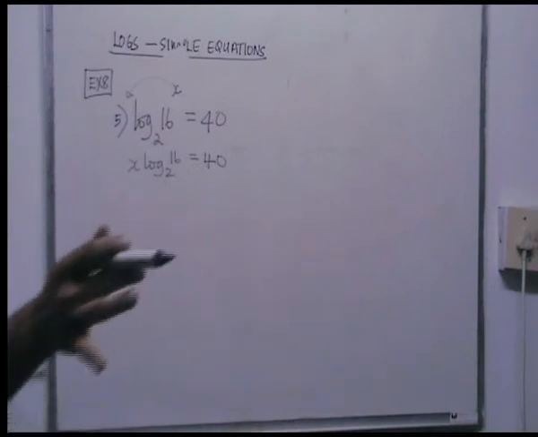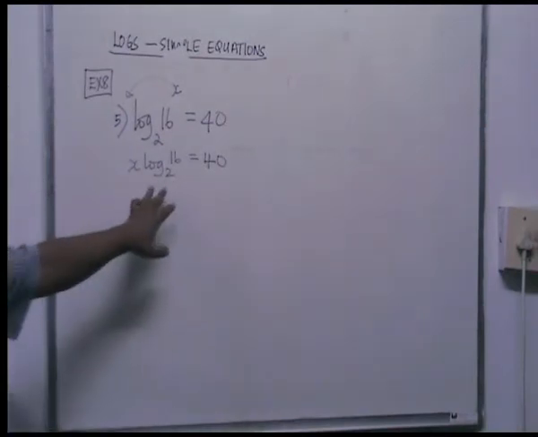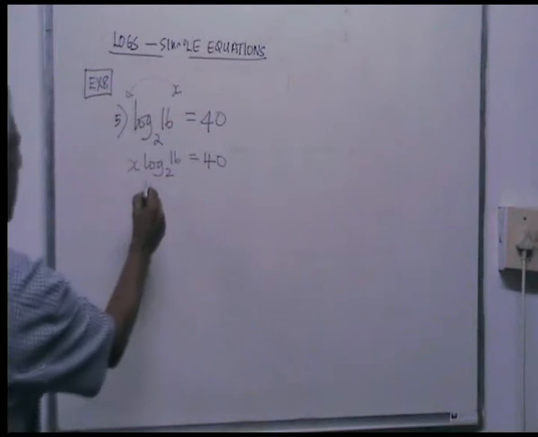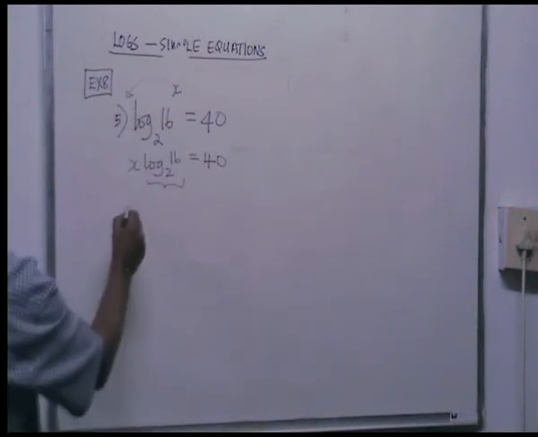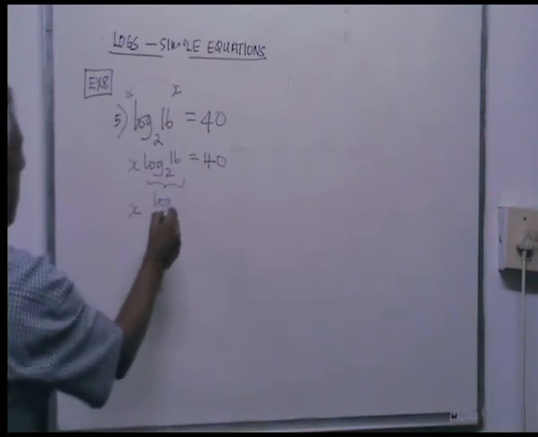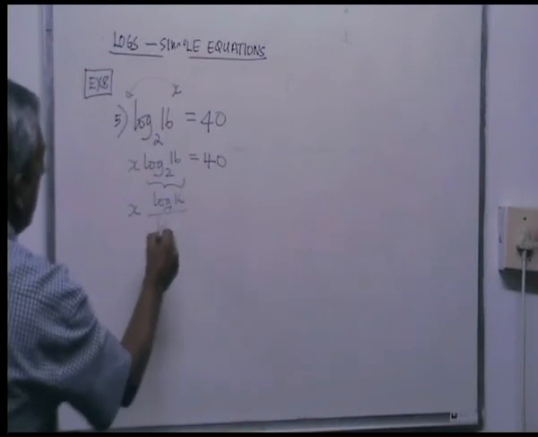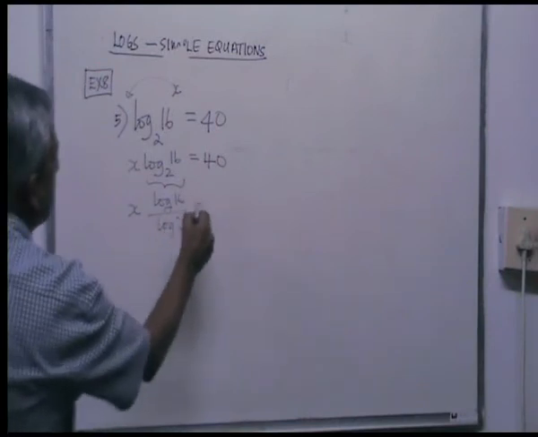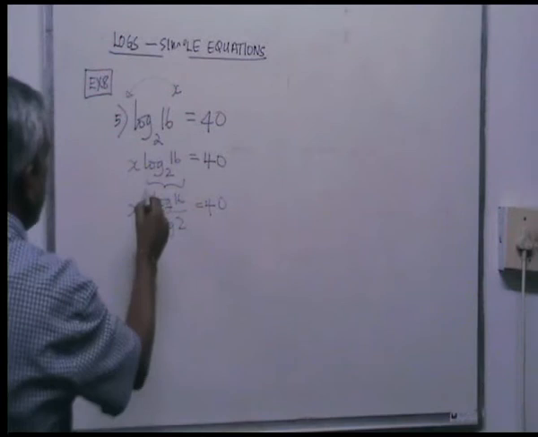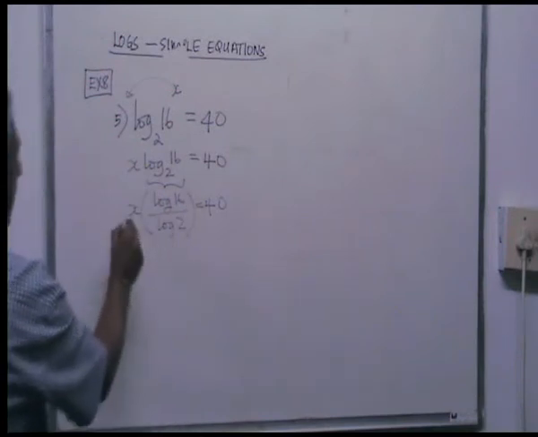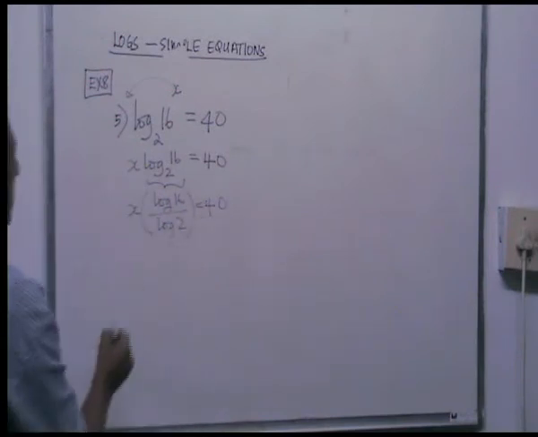Then you zoom out and you ask yourself, what can I do? Well, I can change base over here, you see. I can change base. So x log 16 over log 2 is equal to 40. See, I'm multiplying here. X times this is equal to 40.